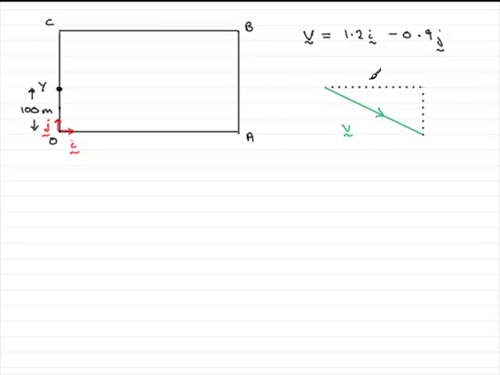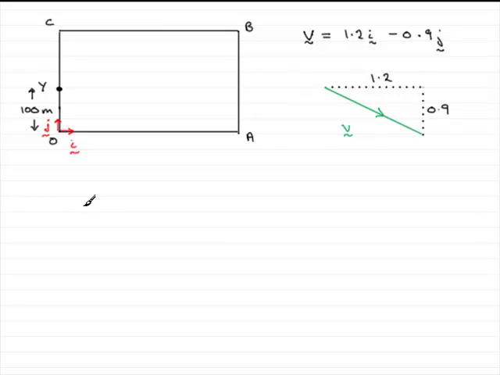If we mark on here that this represents 1.2 units, this is 0.9 units, and if we're to get the speed of H, then we need to find the magnitude, the length of this line. So we can do that by Pythagoras' theorem.